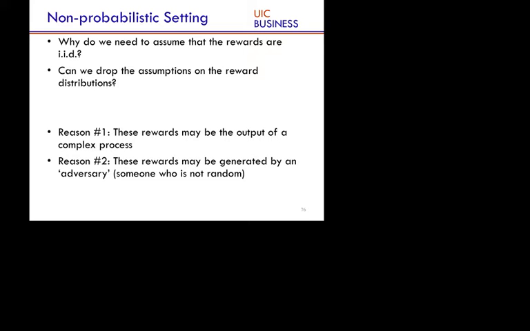So maybe probabilistic modeling is not the right way. In fact, you can also assume that the rewards are generated by an adversary who is not random, or somebody who is trying to game the system. They may also click arbitrarily. These are just a couple of reasons why assuming distributions may not be a good idea.